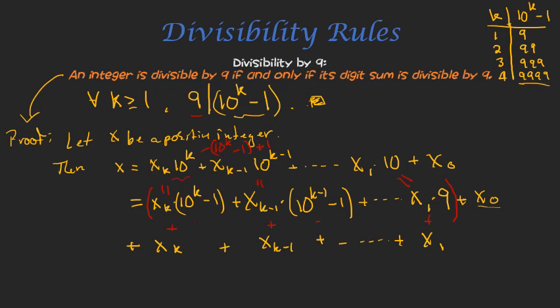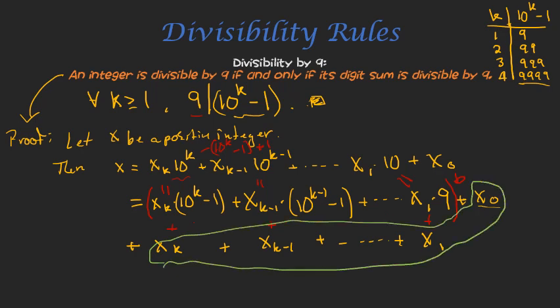Again, we'll think of this whole thing as B, and then we'll think of this whole sum as C. And then again, x is B plus C.